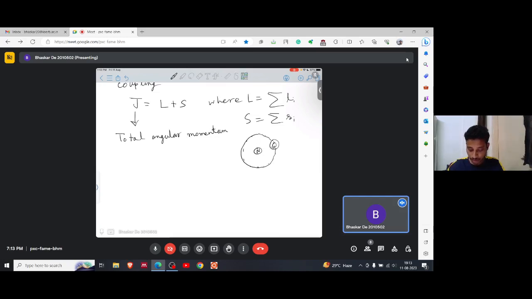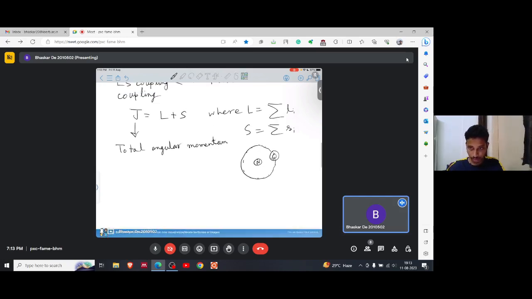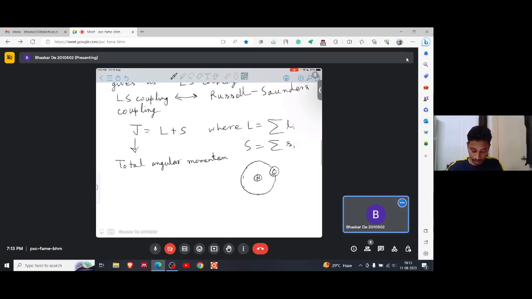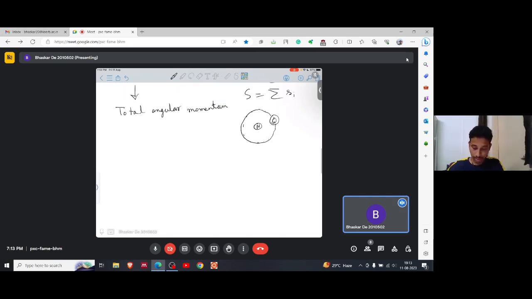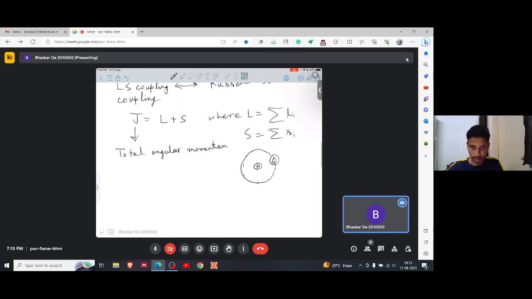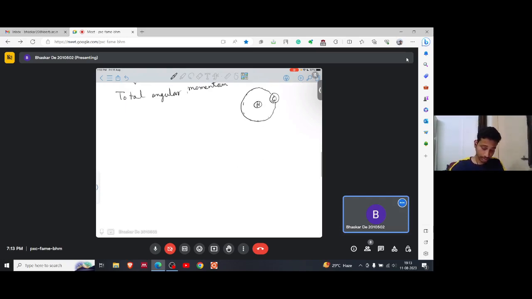So this is giving the spin angular momentum. So these two angular momenta are combining and giving us the total angular momentum. This is a very crude example, but the physics behind this is complicated. It's just for an analogy.